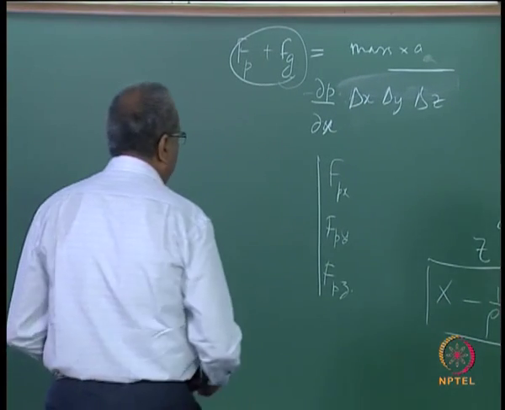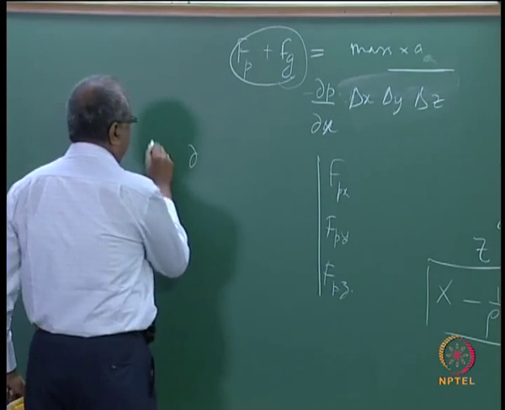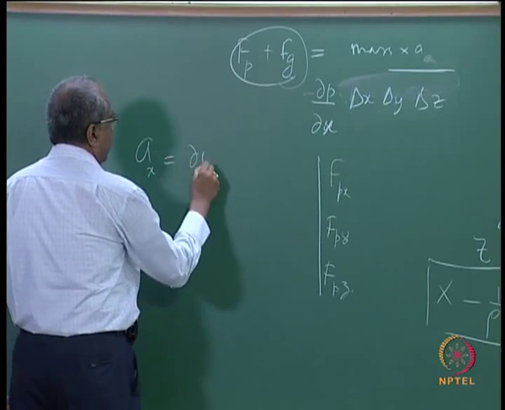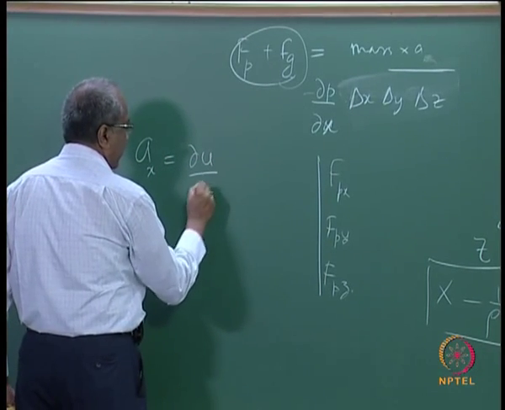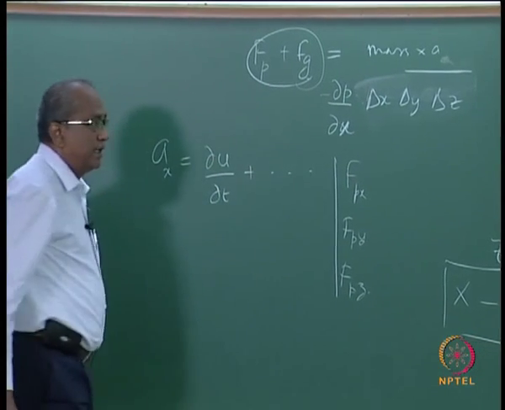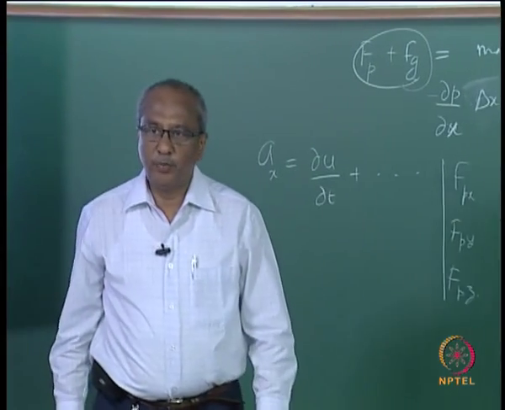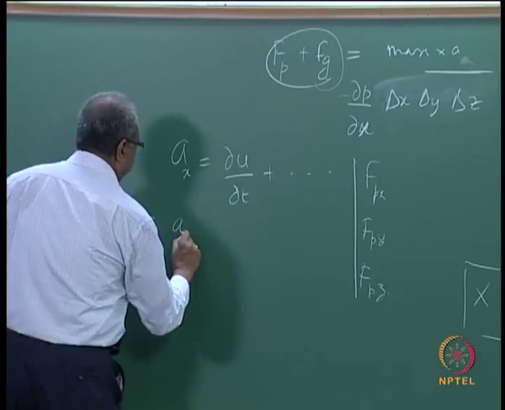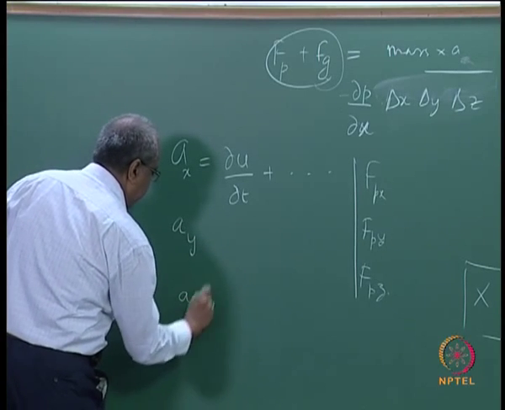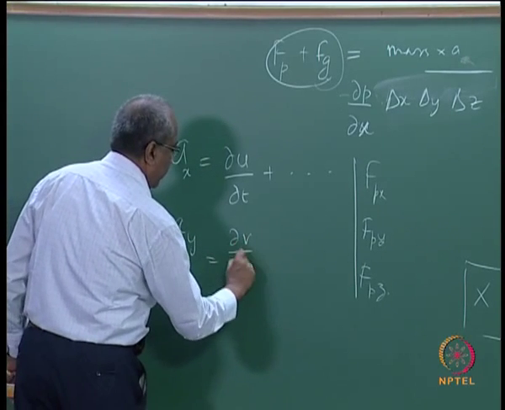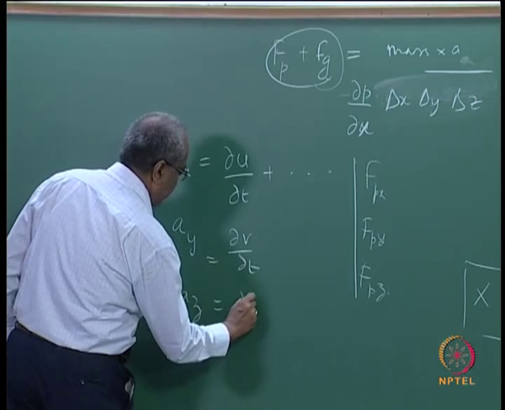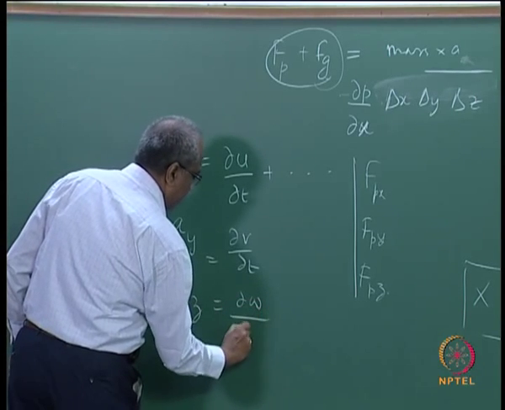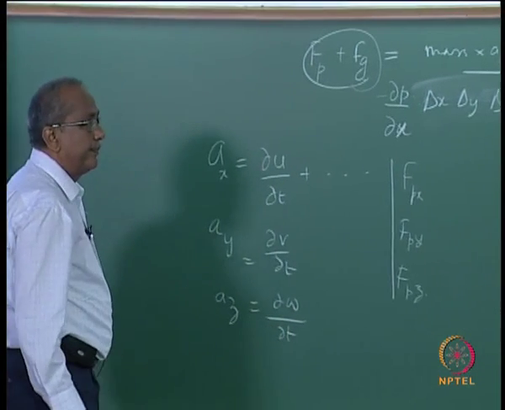So in the x axis, ∂u/∂t plus all the terms with respect to space, and similarly Ay and Az. Here also you will have ∂v/∂t, here you have ∂w/∂t.